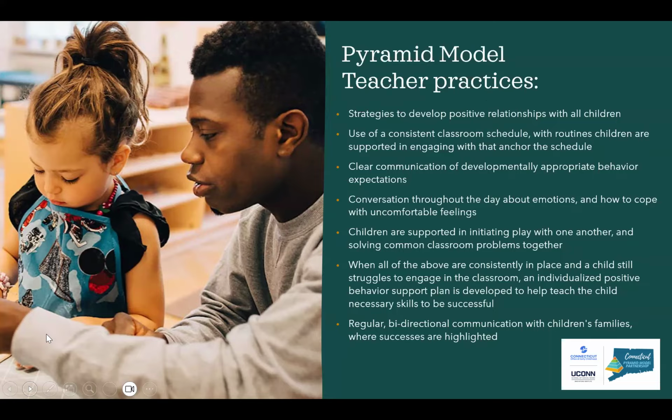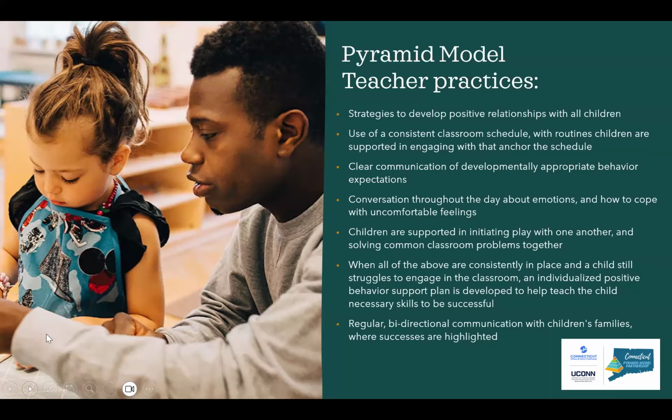So you see them scaffolding and supporting peer interactions in many ways. And again, in the same way that you naturally discuss emotions more, they're naturally just talking through problem solving as a skill that's developed.